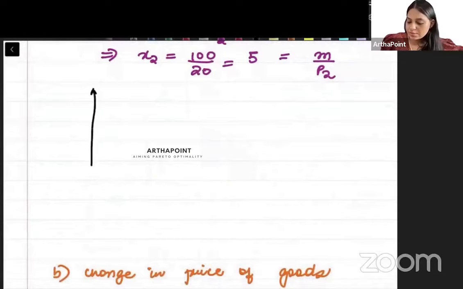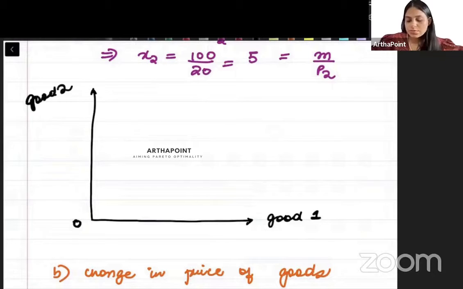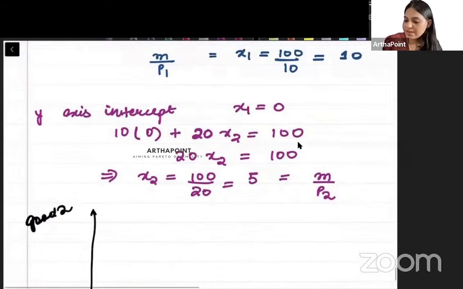Very simple. Good 1, right beta, good 2, right? What is my x-axis intercept, बच्चे? X-axis intercept is m by p1. And what is m by p1 here, beta?